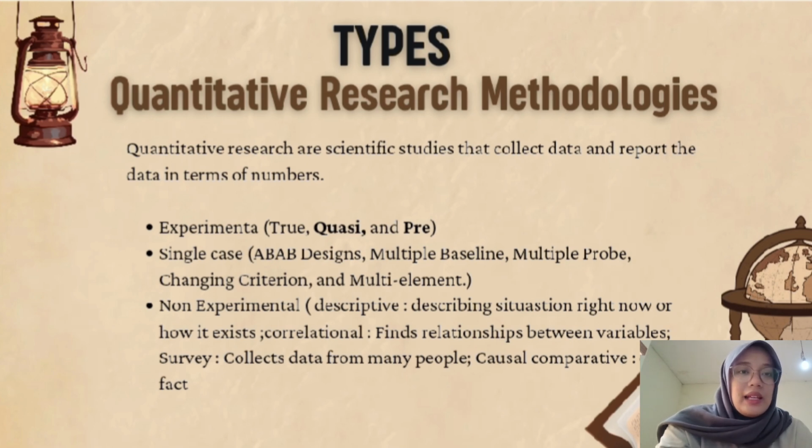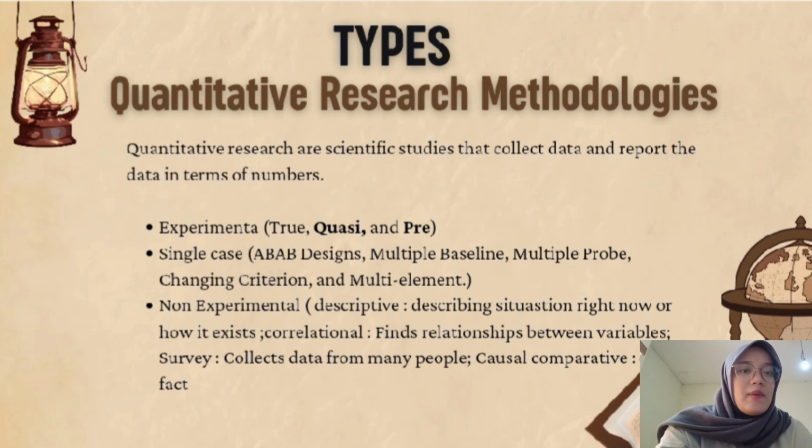And then the next type of quantitative is single case. Usually they use methods like AB designs, multiple baseline, multiple probe, changing criterion, and also multi-element. And then the last type of quantitative is non-experimental.